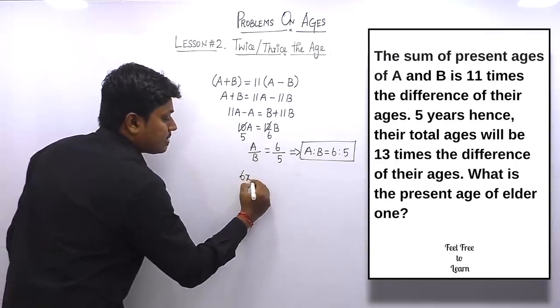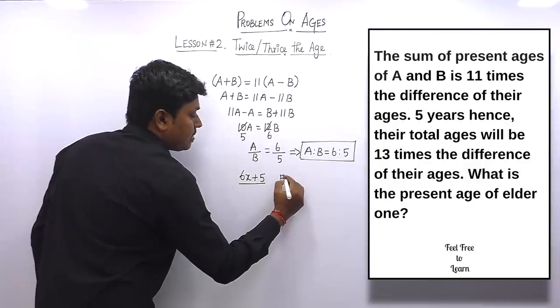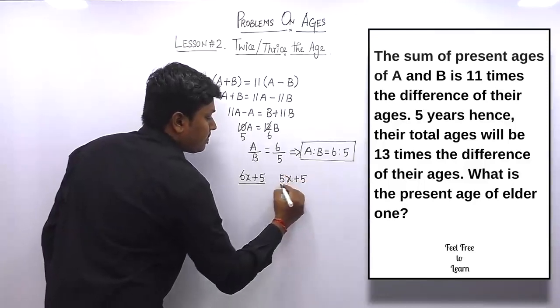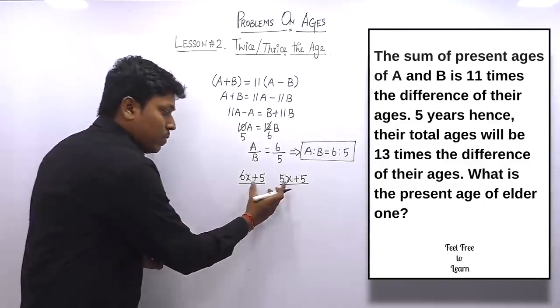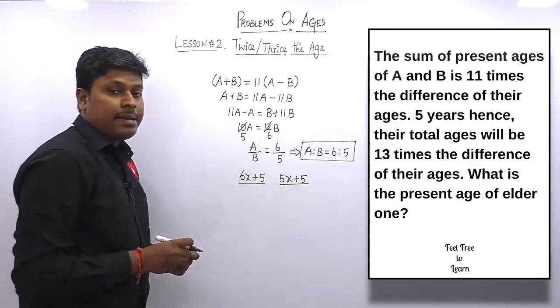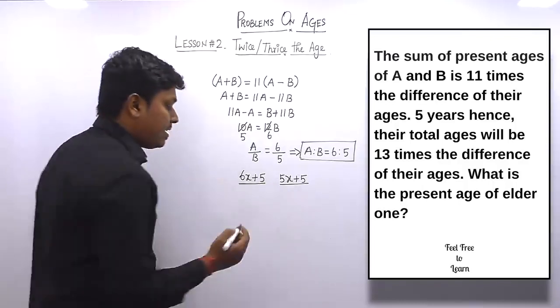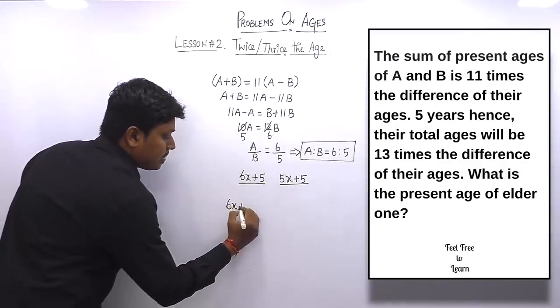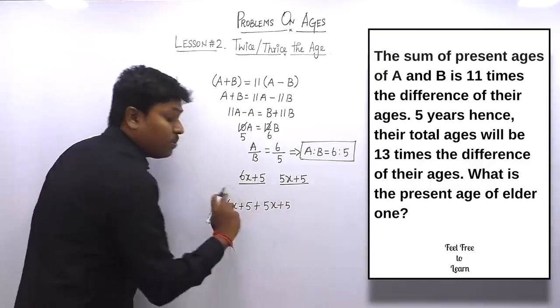So 6x plus 5 will be the age of person A and 5x plus 5 the age of person B. Okay, after 5 years, their total age will be 13 times the difference of their ages. So after 5 years, the total age, let me add this. So 6x plus 5 plus 5x plus 5. Why are we adding both persons' ages?